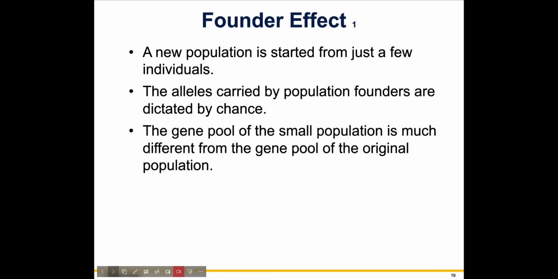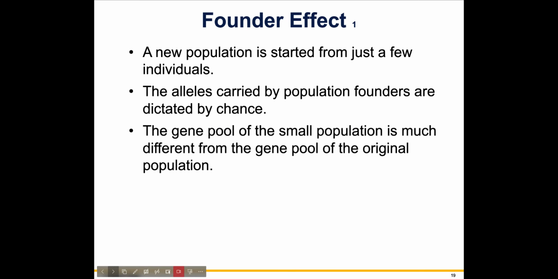A great example of this is if we take a look at Amish communities in the United States. They tend to stay within their communities and not leave and bring in new genetic code.